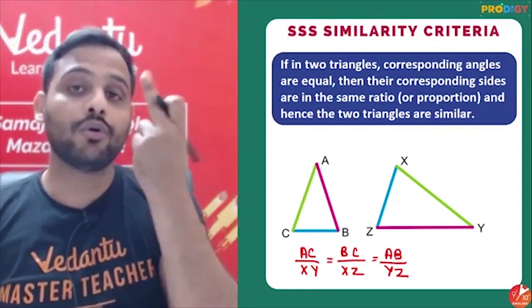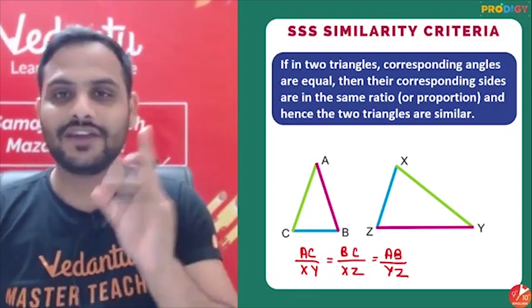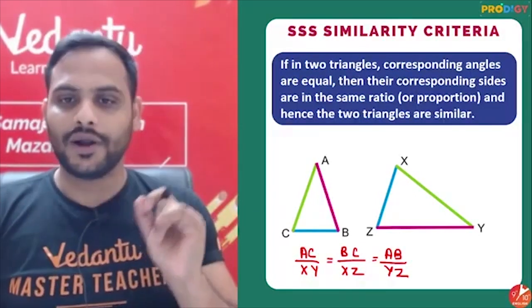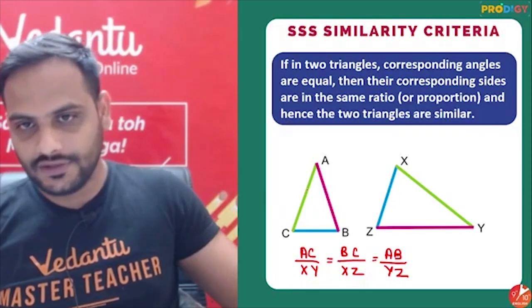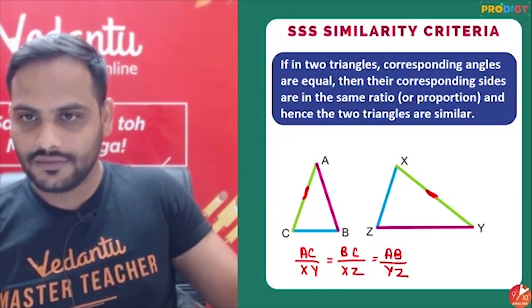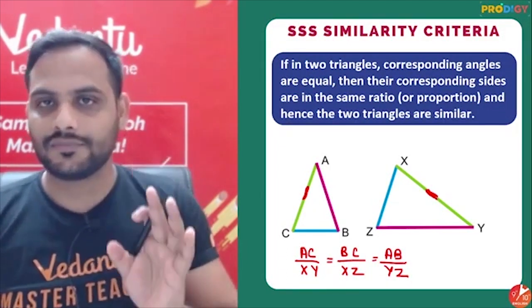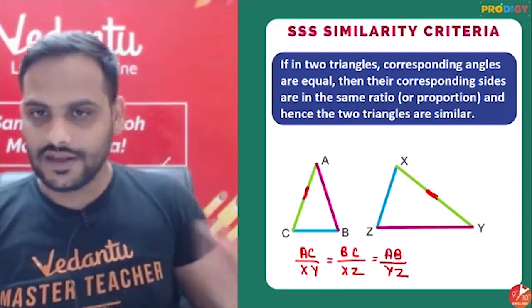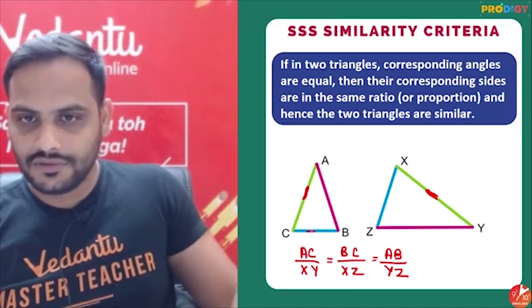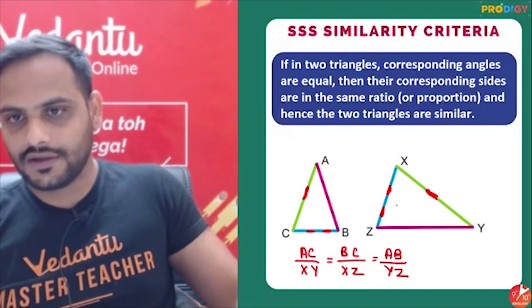Alright, beta, how do I get which is the corresponding point of what? So what I'll say, look sir, AC and XY are the corresponding sides. Second, I can say BC and XZ are corresponding sides.